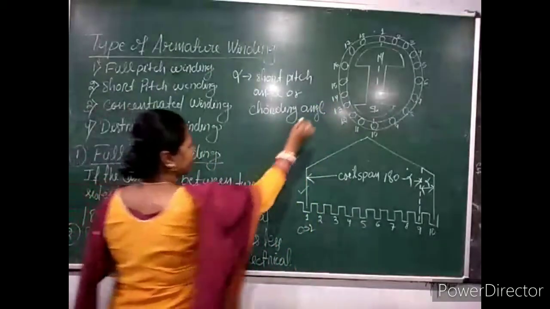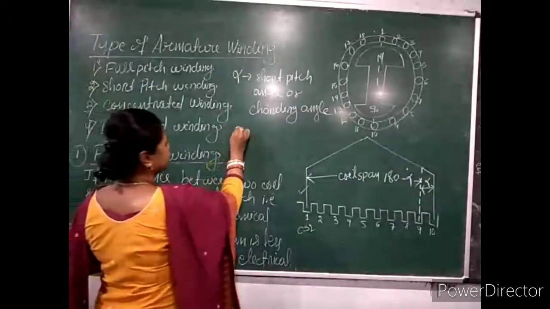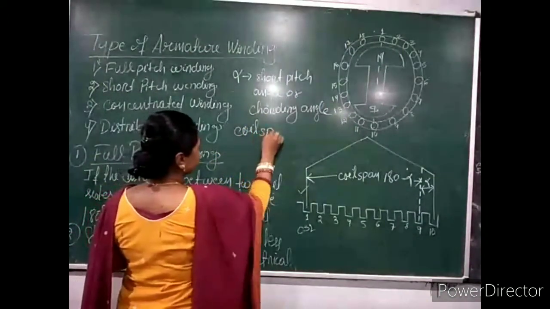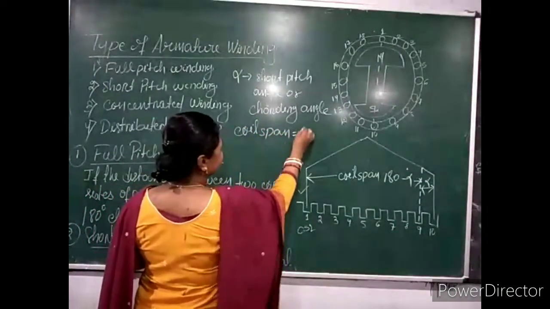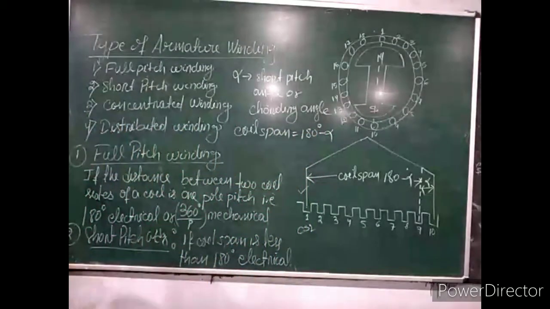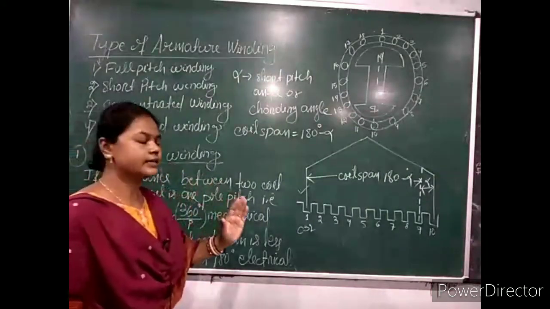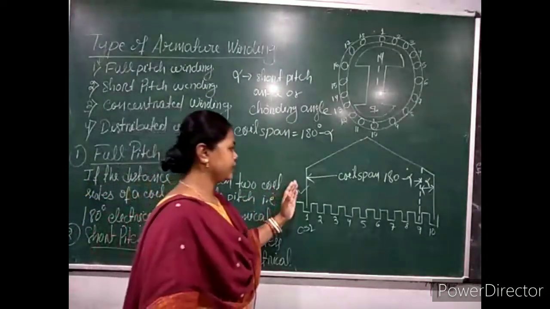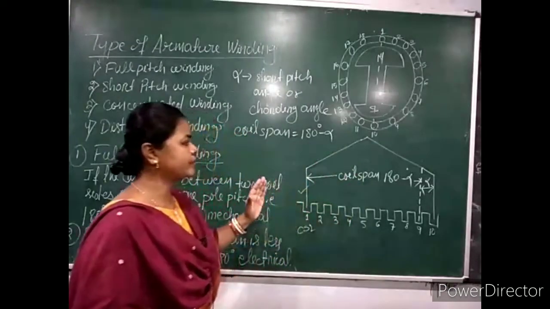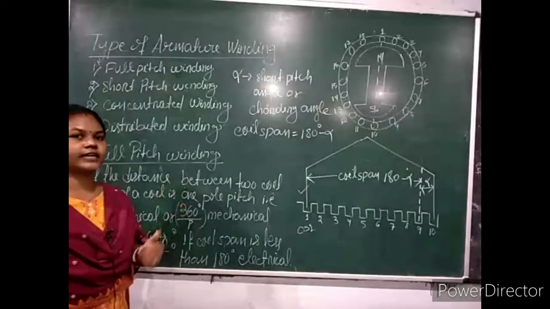In short pitch winding, your coil span is equal to 180 degree minus alpha. In full pitch coil, you have seen that the total resultant EMF induced in the coil is the algebraic sum of EMF induced in coil side 1 and coil side 2.